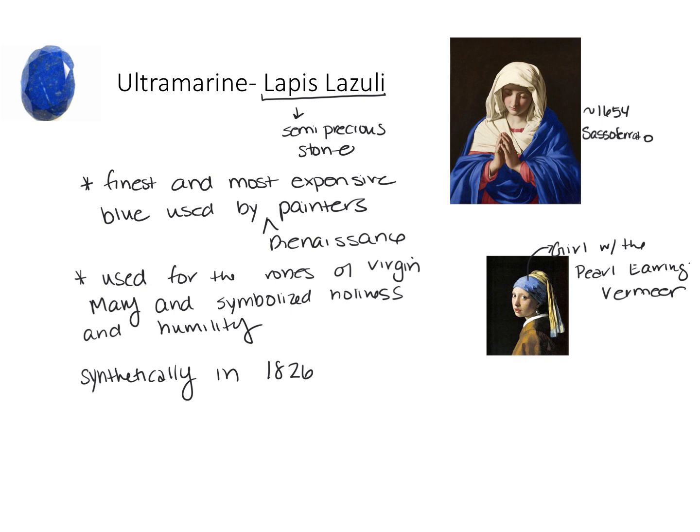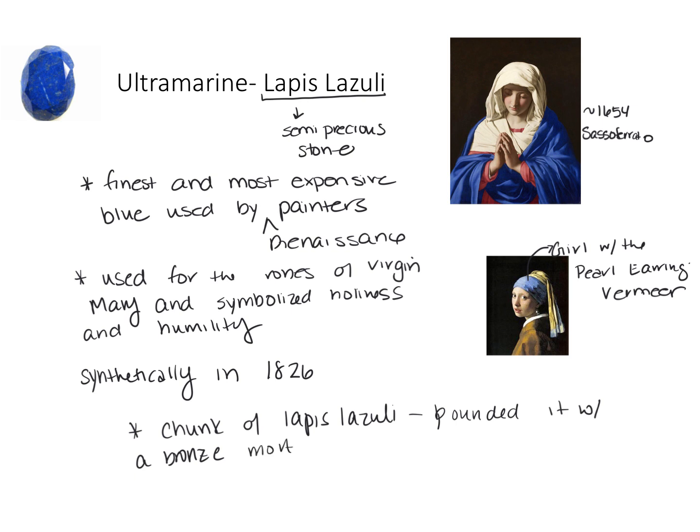Now, when ultramarine blue was made in Renaissance time, it was a long process. So they had to take a chunk of lapis lazuli, and they pounded it with a bronze mortar, like a mortar and pestle, if you've seen that.